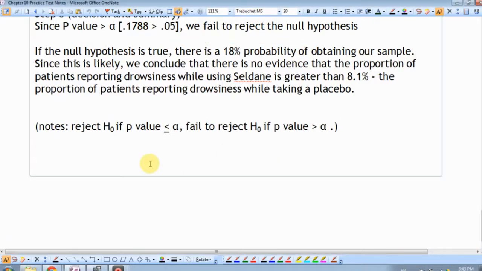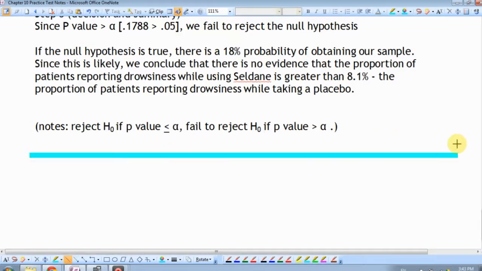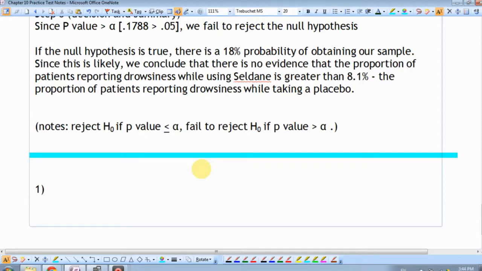Okay, so we're starting with the multiple choice, well, I guess these are multiple choice. So to begin with number 1, we want to know when to reject the null hypothesis.